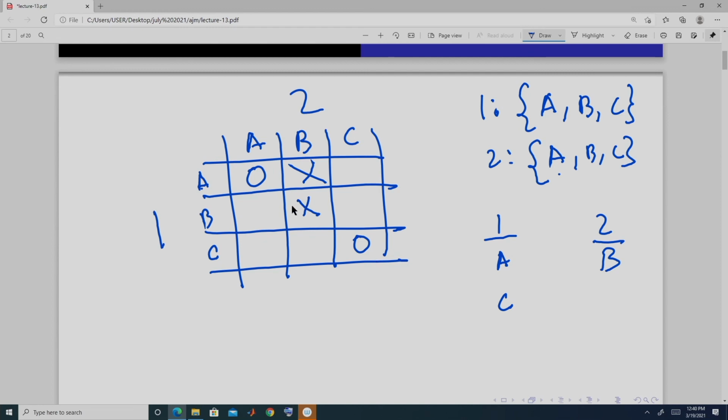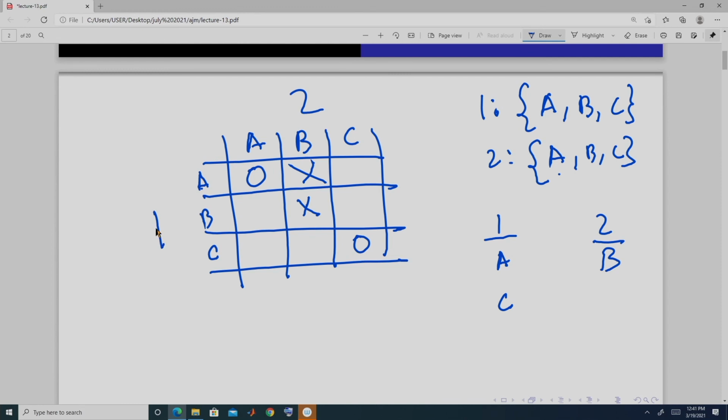While choosing this position, player 2 is thinking that if it does not place its mark here, then player 1 will, and player 1 will win. So, this is what we mean by strategic interaction.